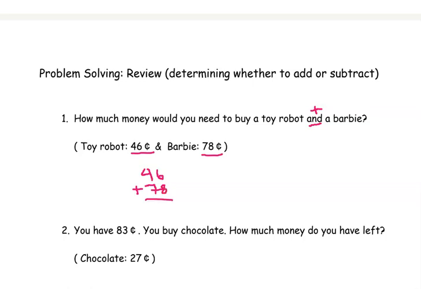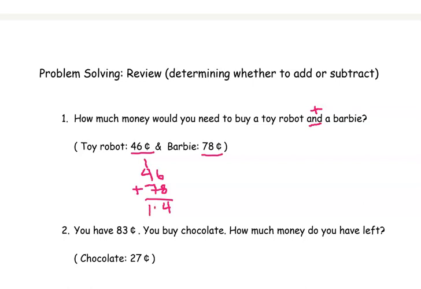Add the ones first. 6 plus 8. What is that? If you said 14, you are correct. 14. Add the tens place to the tens place. So, 1 plus 4 plus 7 is what? If you said 12, that is correct.